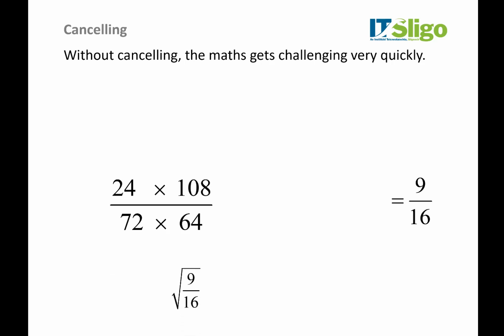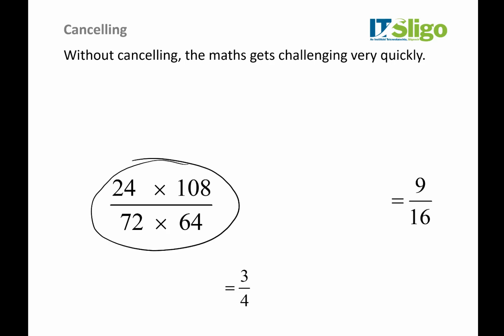So that gives us the square root of 9 over 16. And now remember, our square root will come in, square root of 9 over the square root of 16. And that gives us 3 over 4. So we are actually developing quite a lot of math skills, guys, as we go along. So always look for cancellation. We'll see where it pops up again in some of the problems I have prepared on the slides ahead.